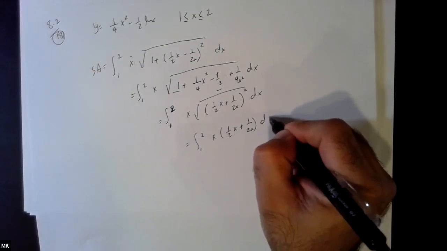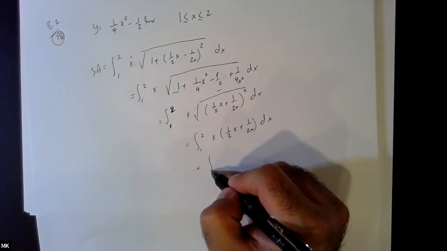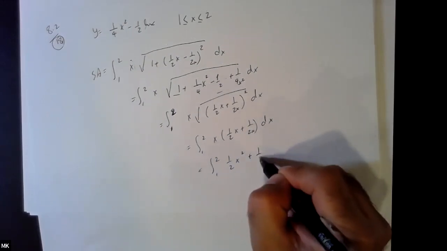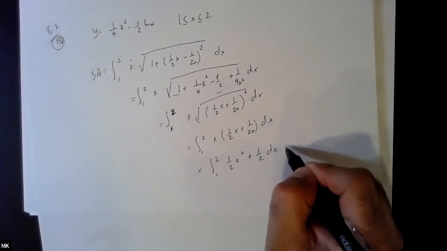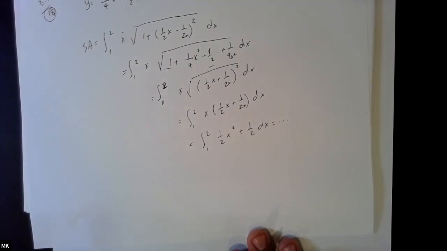And then because the square and square cancel, if I distribute it, I get 1/2 x squared plus 1/2 dx, which is an easy calculation. Okay. Surface area is not too bad.